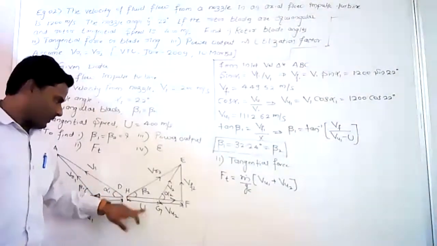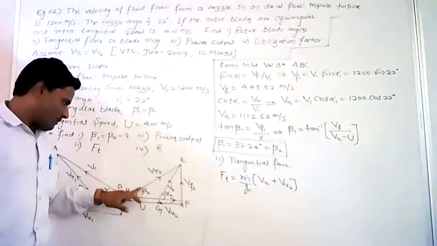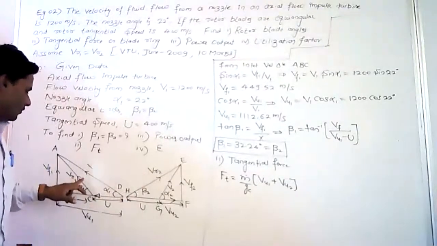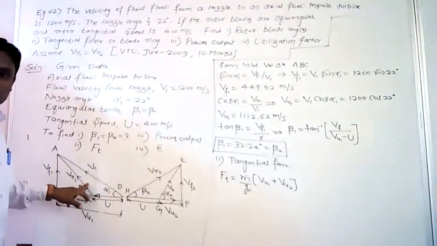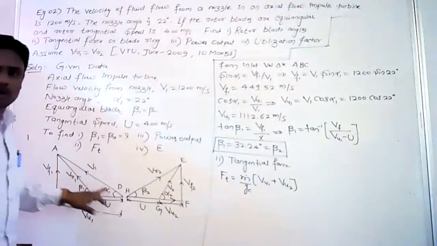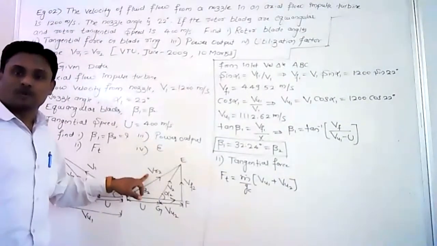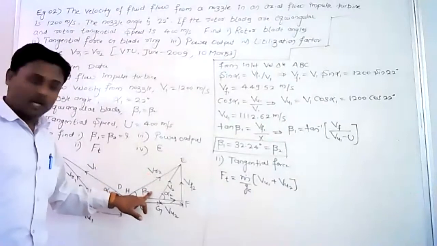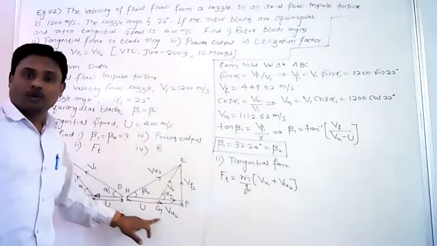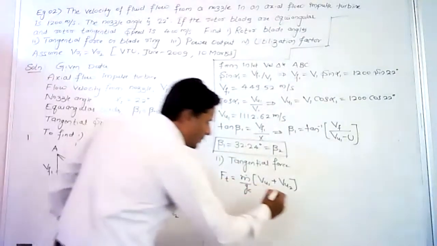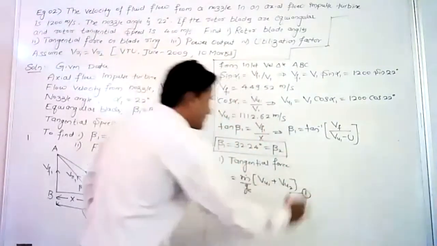U is known, and beta 2 is known. So if you get the value of VR1, we can get the value of VU2, because VR1 equals VR2. Once you get the value of VR2, you know beta 2 and U, and ultimately you can get the value of VU2. Is that clear? So keep it as equation number 1 here.